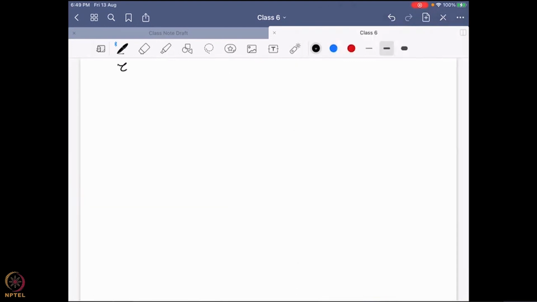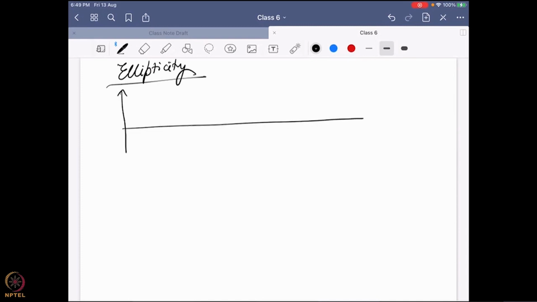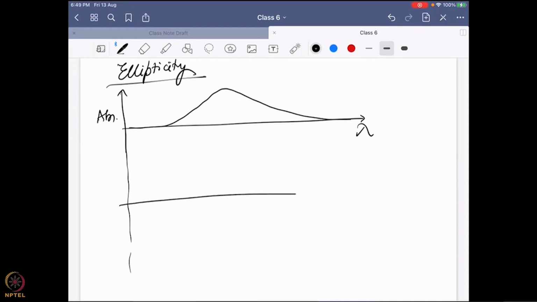Now I want to find out what is happening to the ellipticity. So again, I am drawing an absorbance versus wavelength. So now I am going to find the ellipticity, the phi, and then again it is depending on AL minus AR.